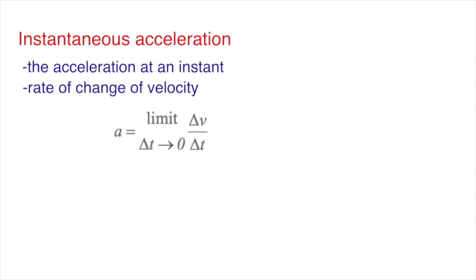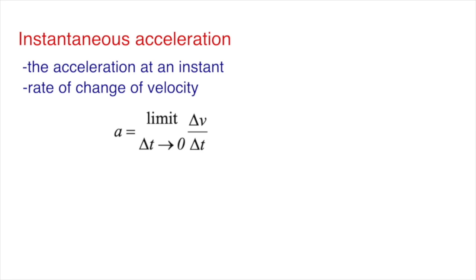Instantaneous acceleration. The instantaneous acceleration of an object is the acceleration at an instant. Instantaneous acceleration is the rate of change of velocity at a particular time. It is obtained by finding the acceleration when the time interval is close to zero.